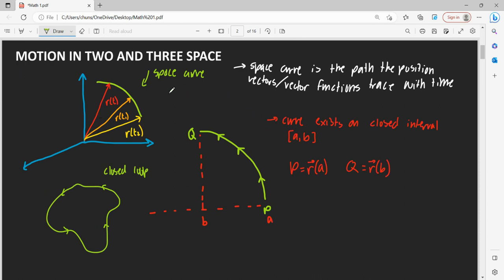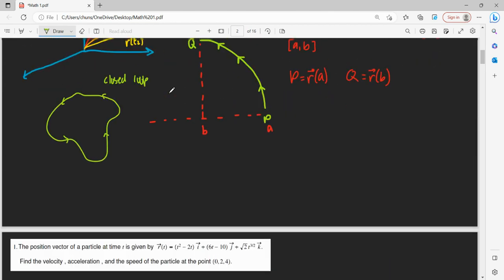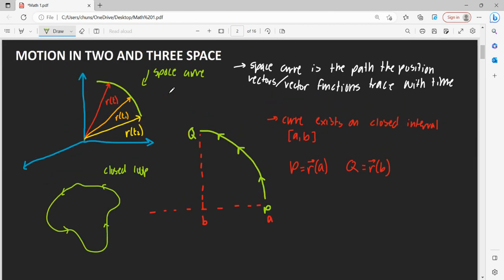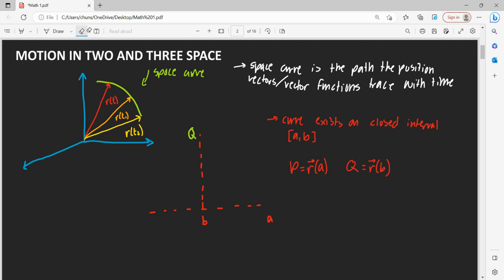So when we were talking about motion in 2 and 3 space, we want to consider some equations for it. So I'm just going to erase some of these notes here, just so we have a little more room to write. I'm sure you guys understand all of this stuff here.